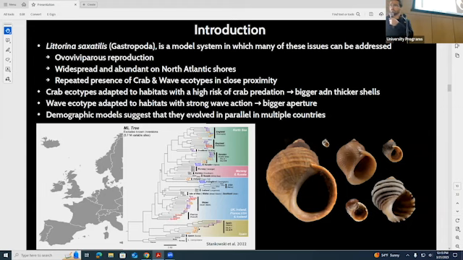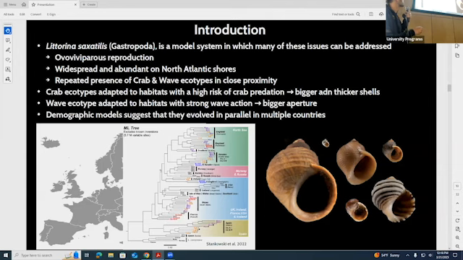Here you can see a tree of the different populations of saxatilis. This is the Spanish one here, and we're going to talk a lot about this one. Then you have all the UK, Ireland, France. The US is here too, and Iceland, Norway, Russia. And this is the Swedish population here.